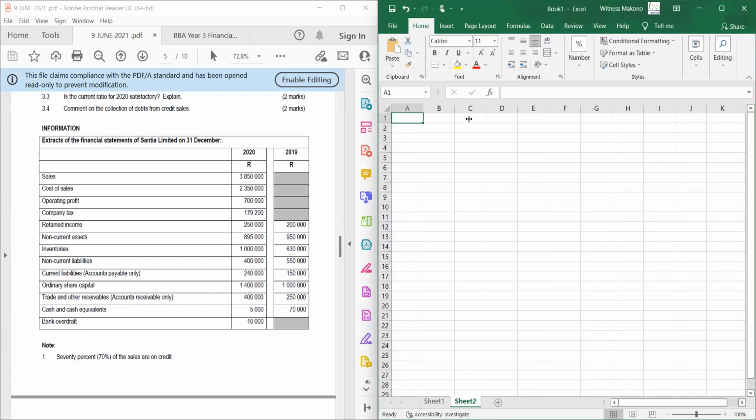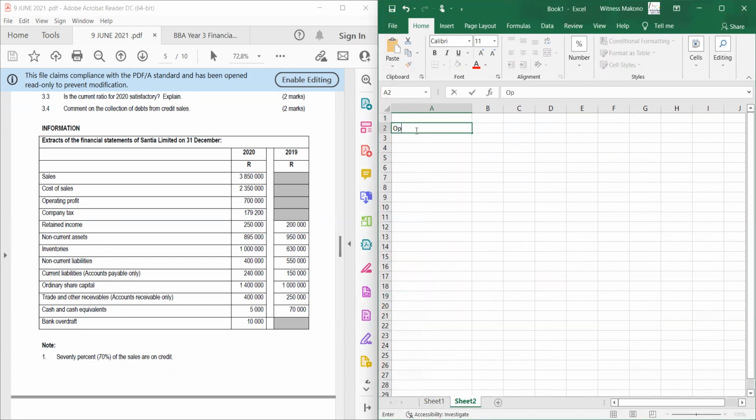You know this formula. You know that in a firm, usually if you are in a factory, you have got opening inventory. Then you add your purchases. So what's your opening inventory here? You come to 2019, the closing inventory in 2019, which is 630. Do you see the 630? Yes. So 630 is your opening inventory.